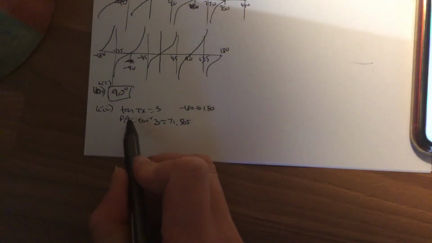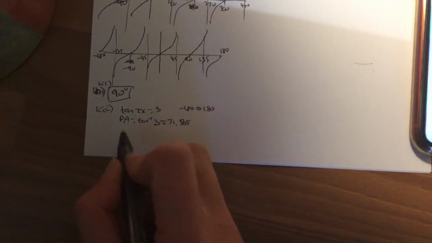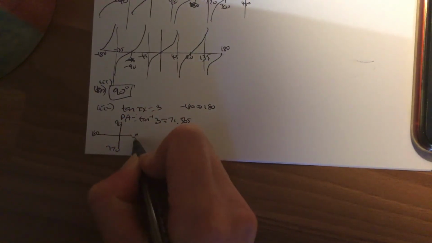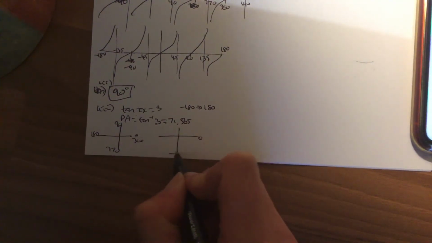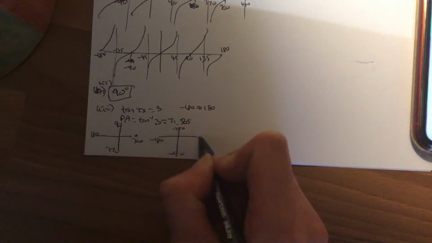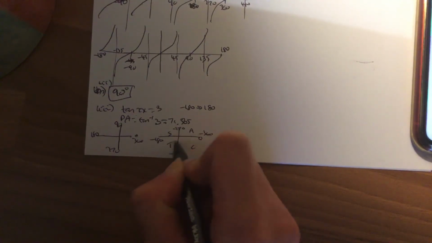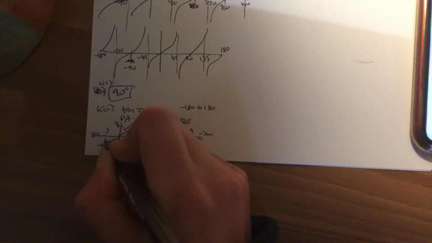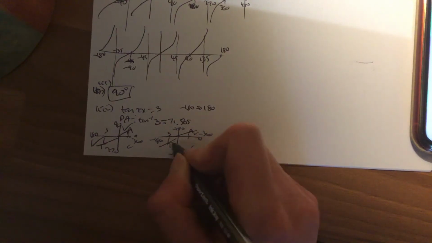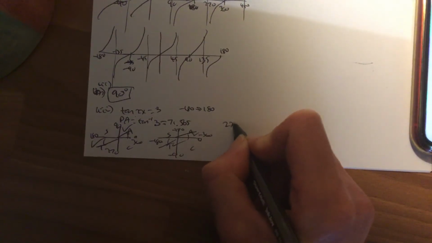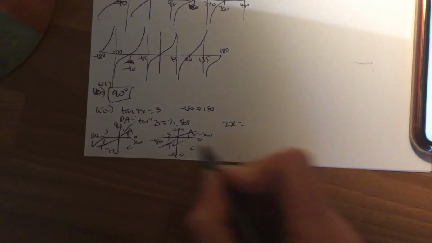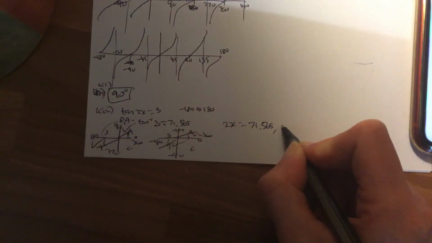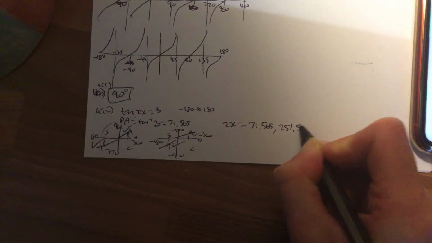Now, because I'm going to be dividing my answer by 2, I'm going to go around CAST twice. Once going positive and once going negatively. C-A-S-T, C-A-S-T. Tan is positive, so I'm in this quadrant and I'm in this quadrant. So this one and this one. So 2x from the first one, it's 71.565. 180 plus that gives me 251.565.